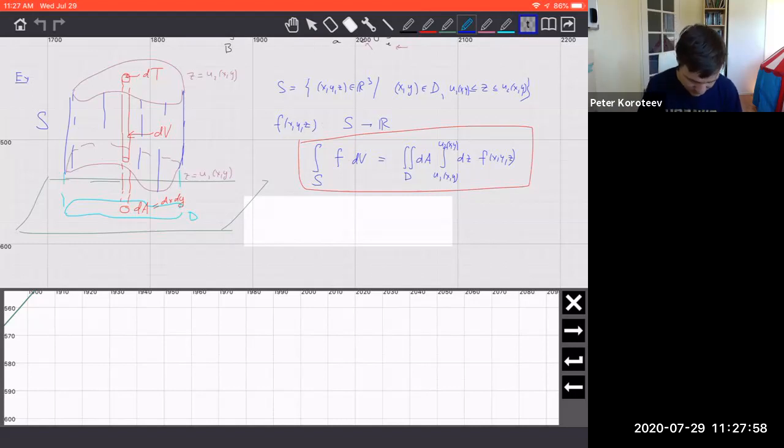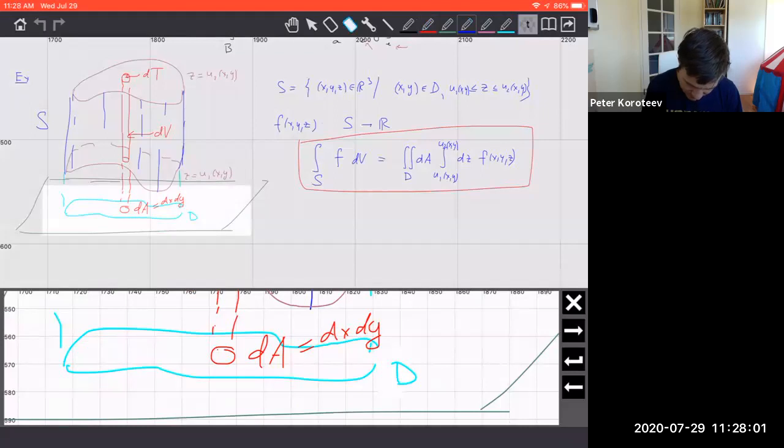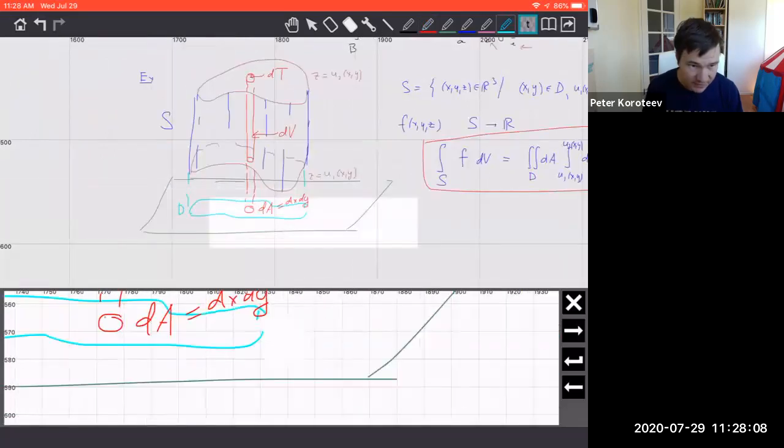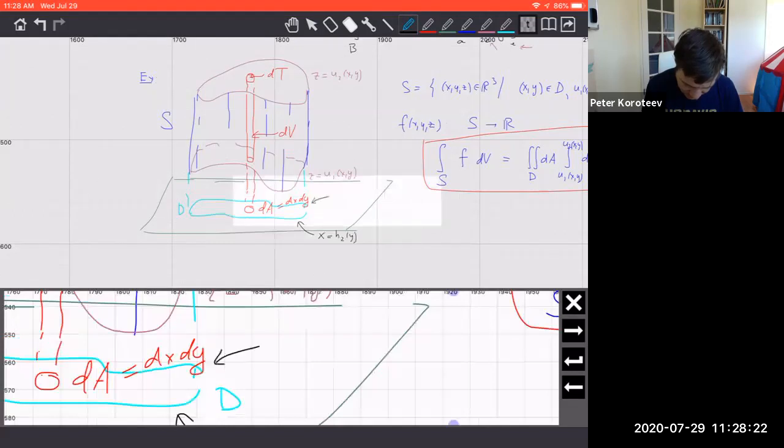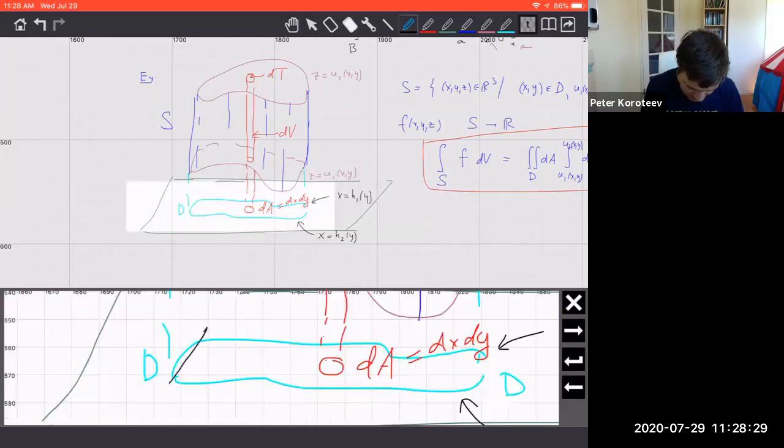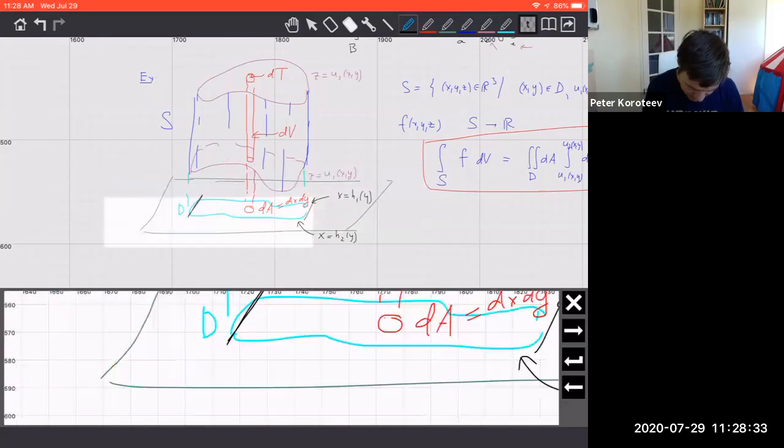If D is of a specific form, that is, D itself is bounded by two graphs, we can say, for example, that the shape D is bounded between two graphs, x equals h2 of y from here, and x equals h1 of y from there, and y is bounded between this line and that line. So y is equal to c and y is equal to d.